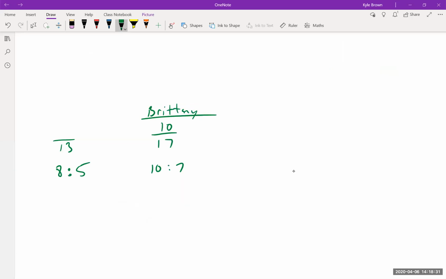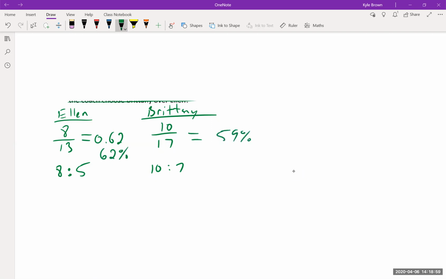You're looking at it and thinking, well, I think I know, but I'm not too sure. 8 over 13, if you actually just go 8 divided by 13, you would get 0.62, right? 0.62 times 100 would be the same thing as 62%. For Brittany, for her probability, we'd end up getting 59%. So I can see that Ellen actually is better just based on her probability.